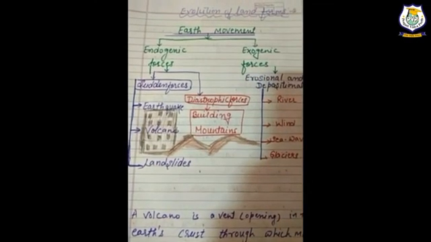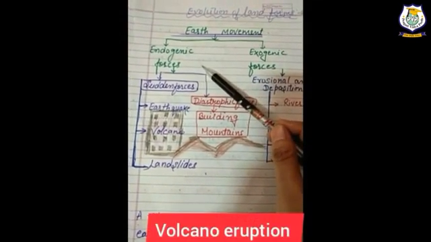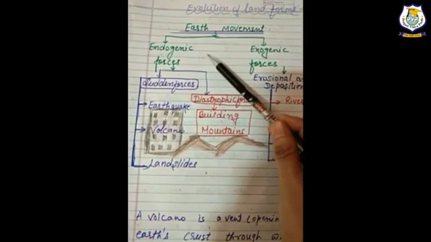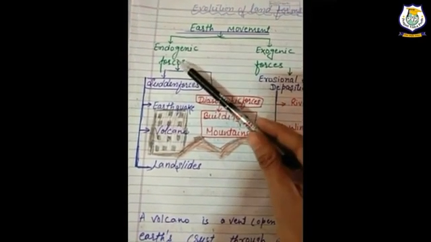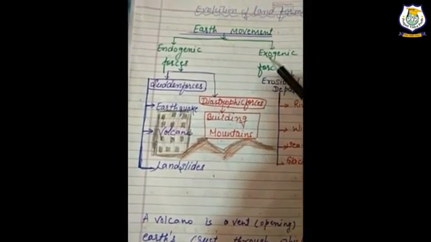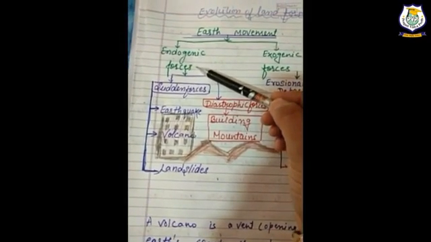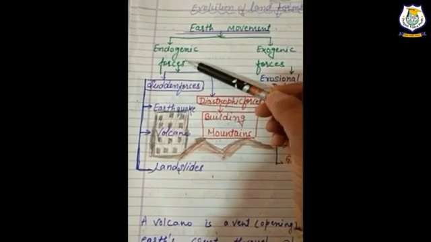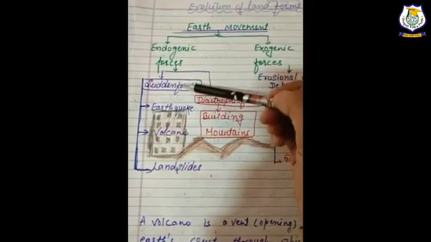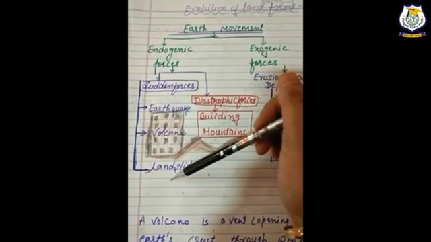Evolution of landforms and earth movement. With the help of this flowchart, you can understand the earth movements are divided into two parts, that is the endogenic forces and exogenic forces. Let's discuss the endogenic forces. The forces which act in the interior of the earth are called endogenic forces, which are caused by earthquakes, volcanoes, landslides.